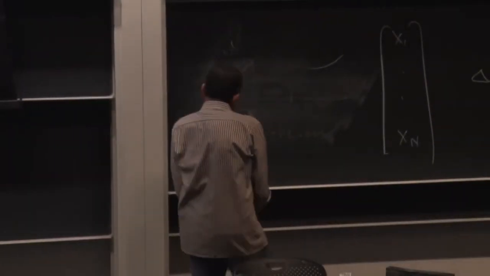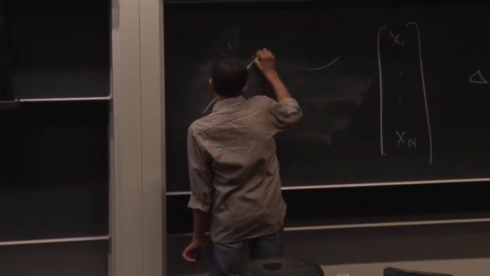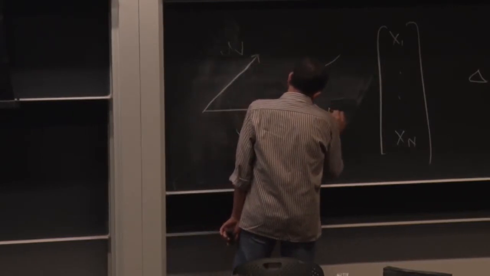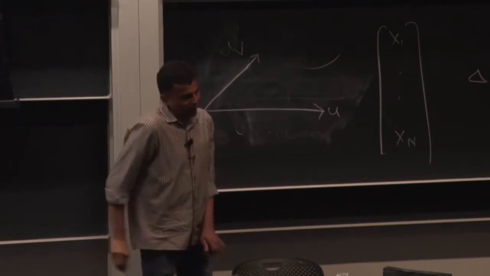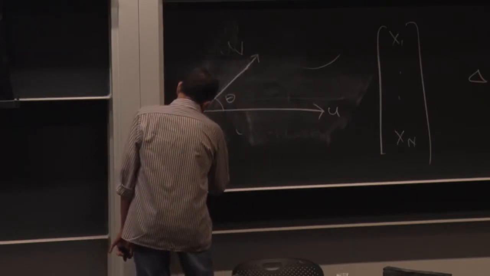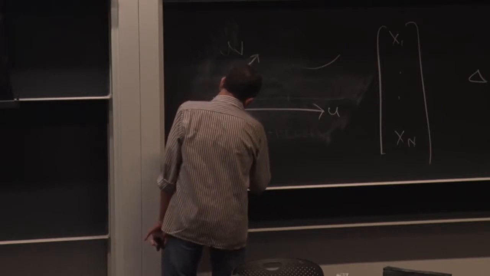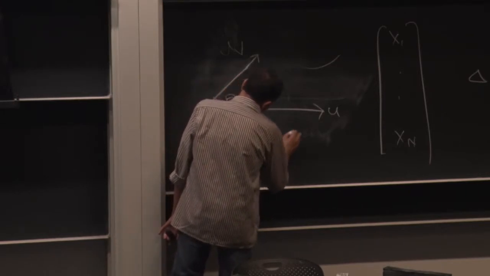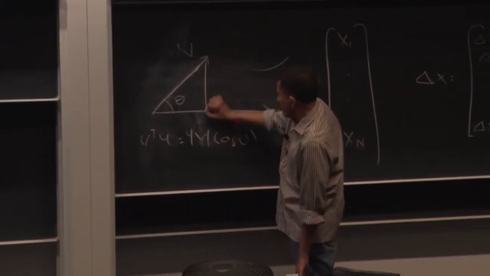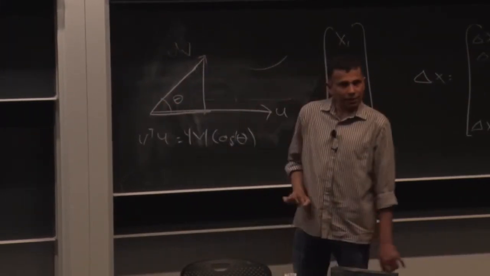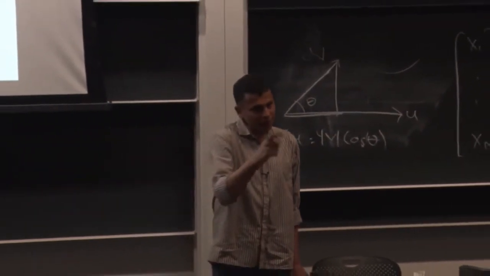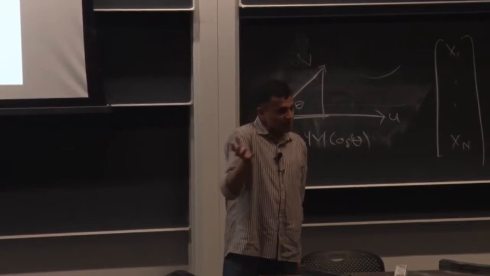So if I have this as v, and let's say u is unit length, and this is theta, then v transpose u is simply going to be magnitude of v cos theta, right? Which is this length. Do you agree? Anybody have doubts there? This is high school stuff, right?